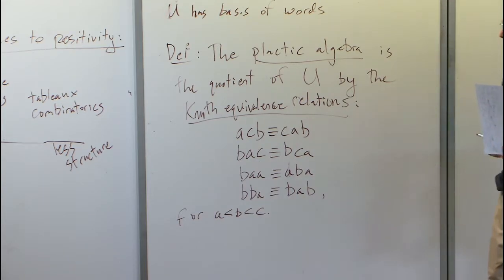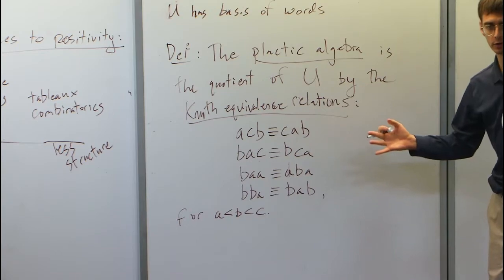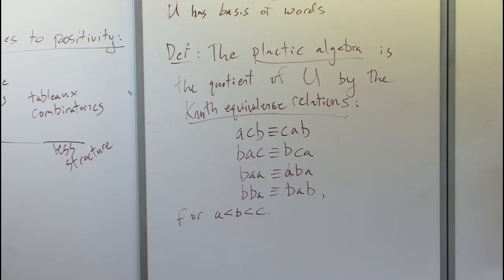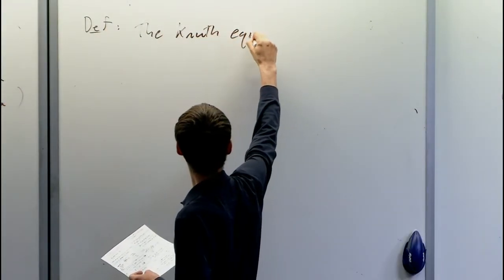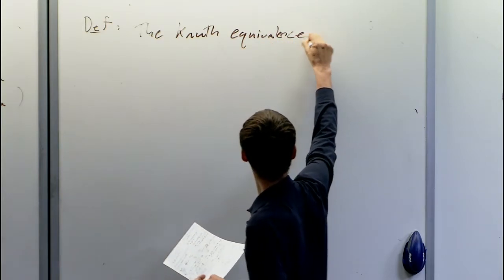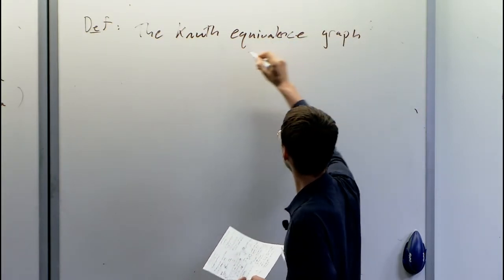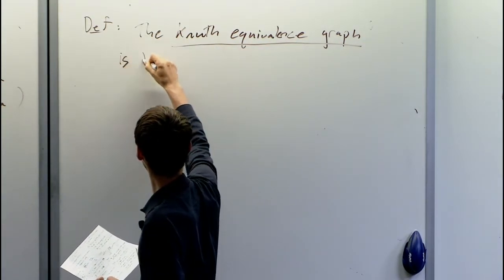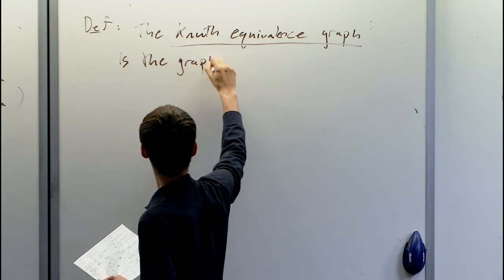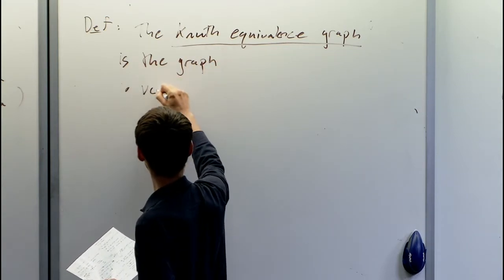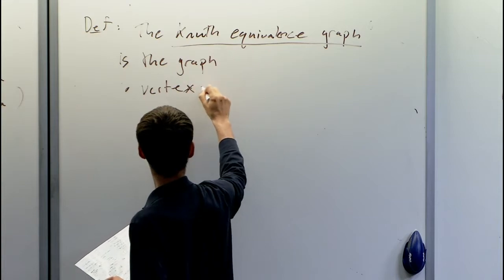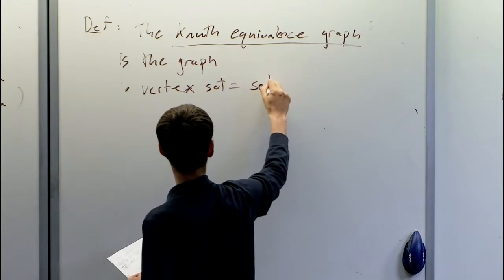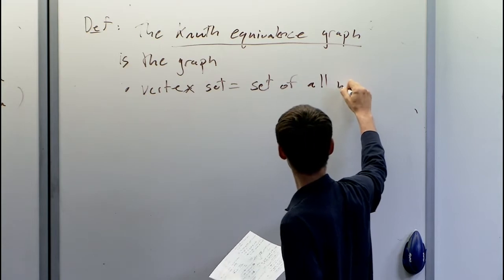So to understand this algebra, we're going to define a graph that encodes these relations essentially. The Knuth equivalence graph is the graph where we have a vertex set that will just be the set of all words.